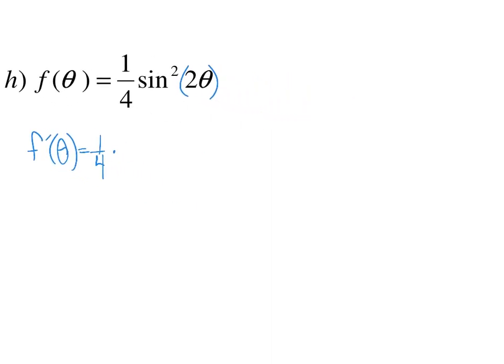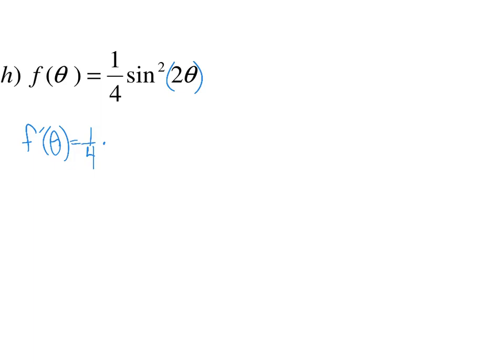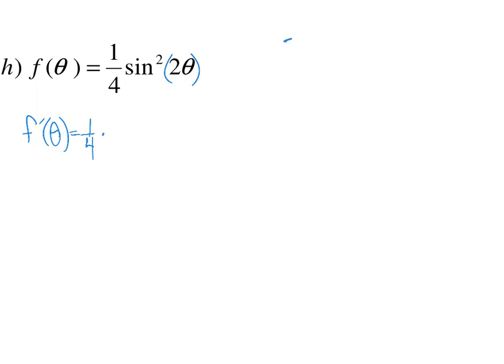So now we have sine squared of 2 theta. How many different functions do we have involved here? We have a something squared.